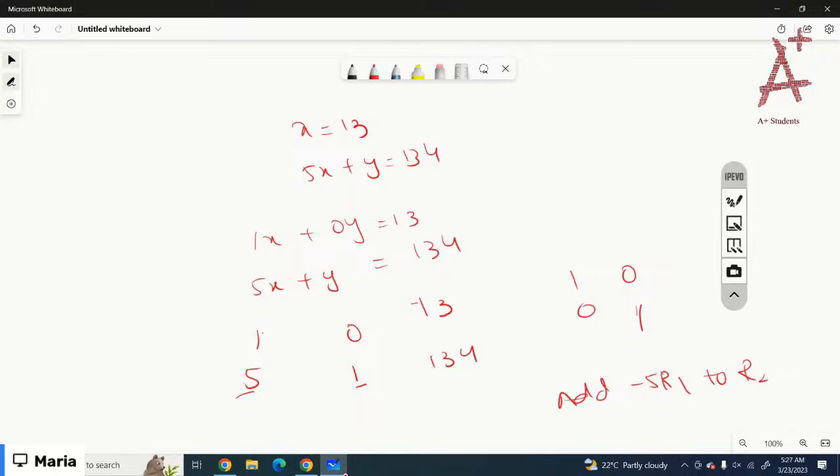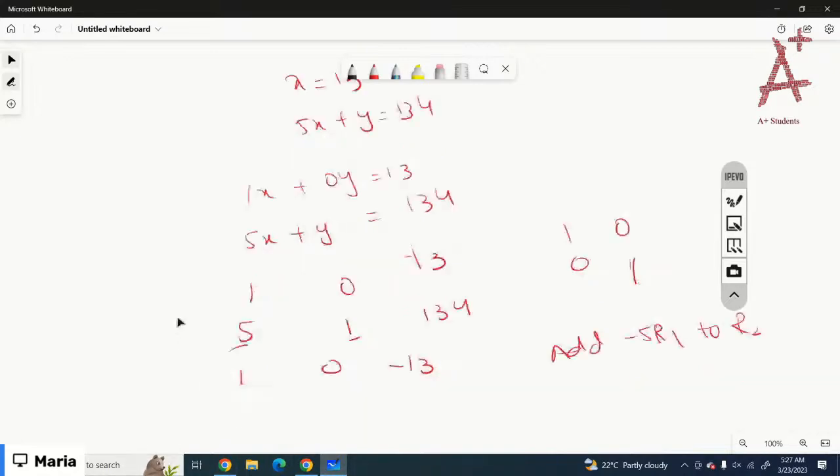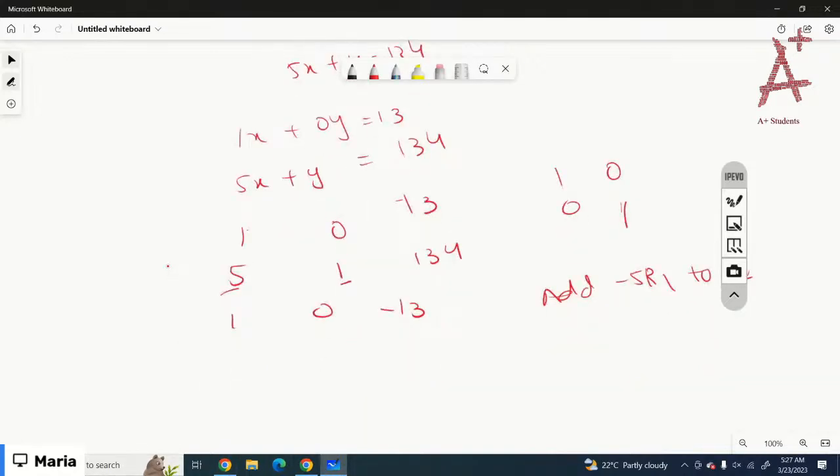So multiply the first equation with 5. It would be 1, 0, 13. It would be then 5 minus 5, and 1.